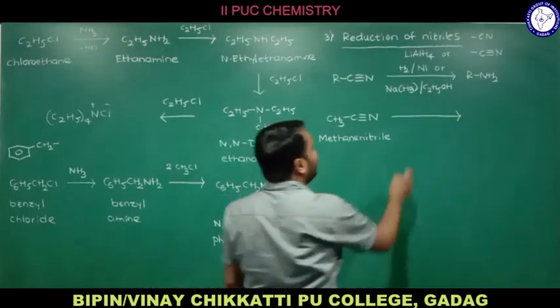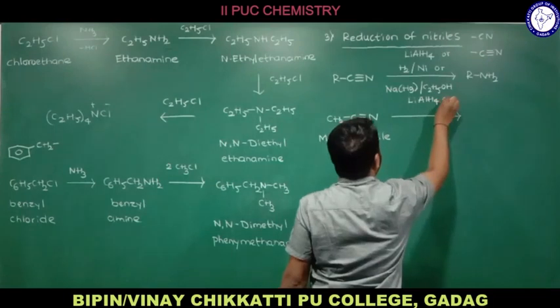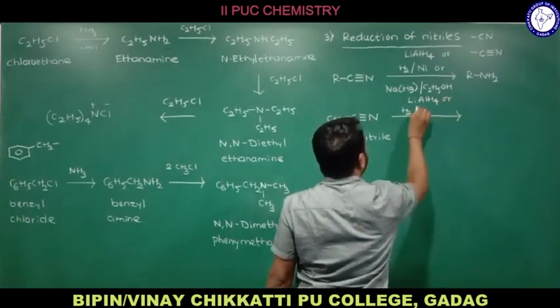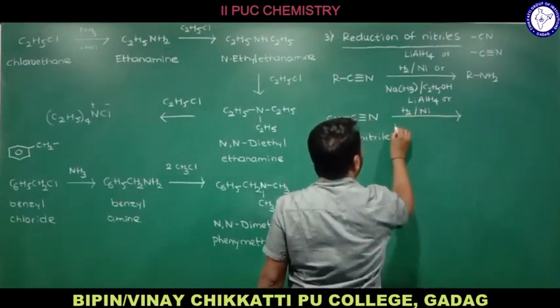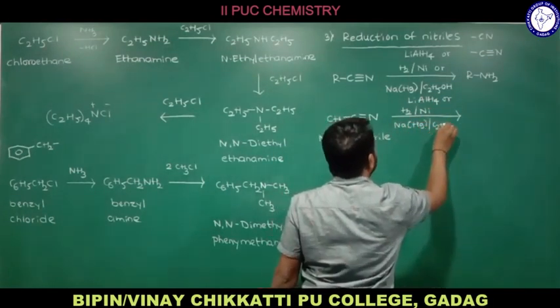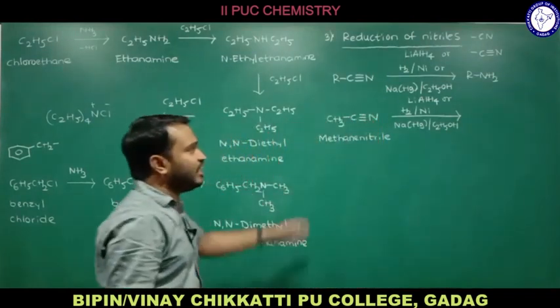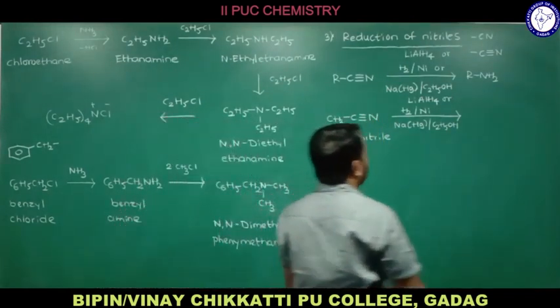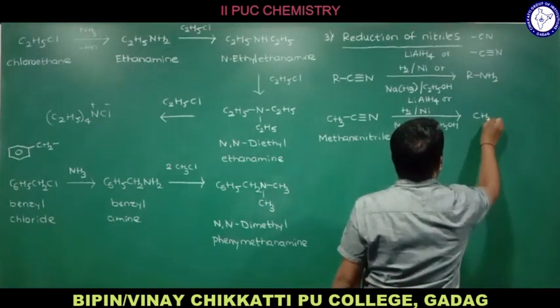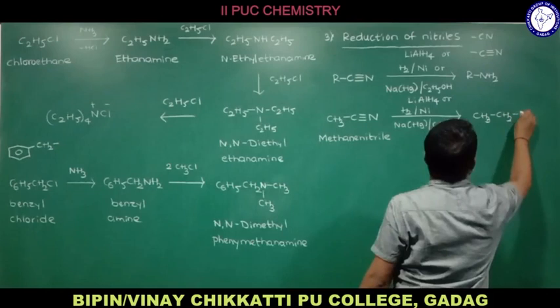When you add lithium aluminum hydride, or hydrogen in the presence of nickel, or sodium amalgam in the presence of ethanol, the reduction of the cyanide takes place and we get the respective amine. So we have CH3, and here we get CH2 and NH2.